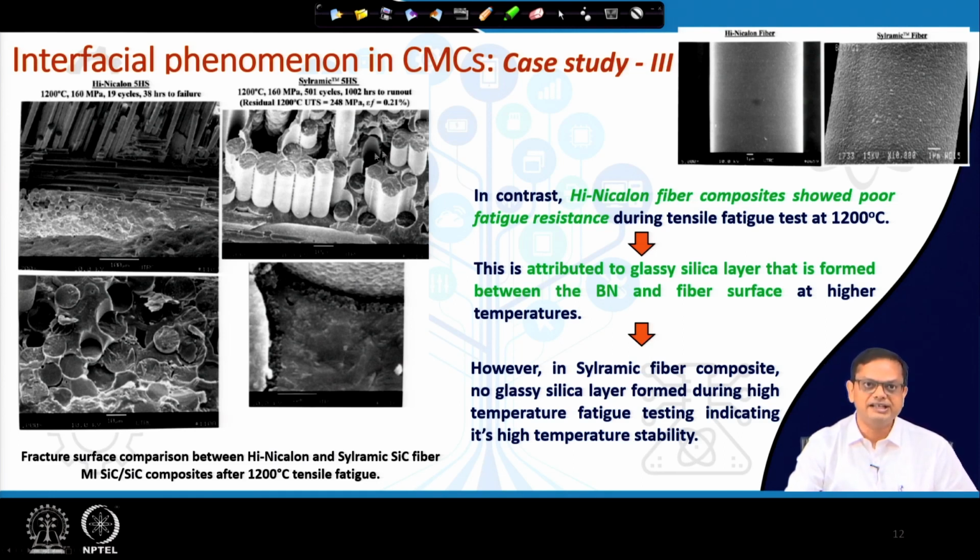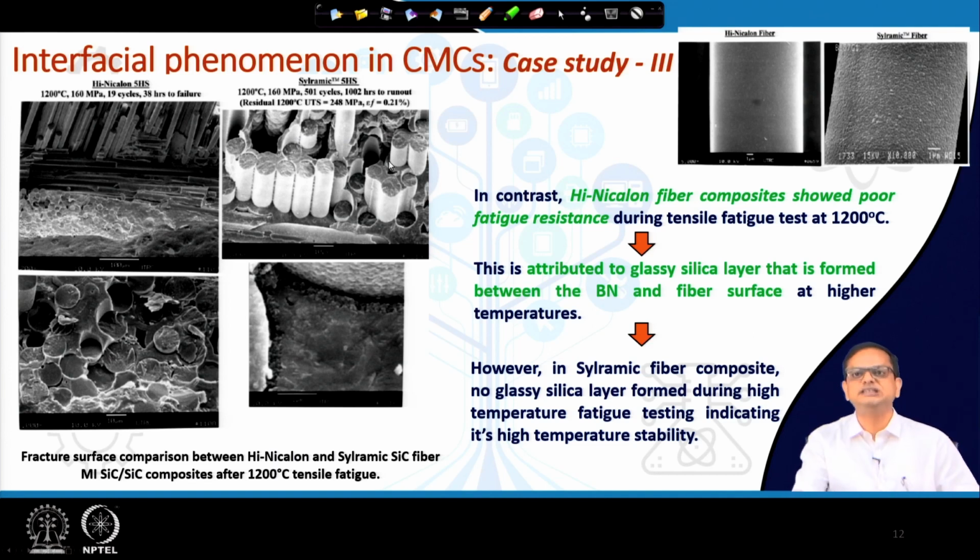Here you can see the fatigue resistance: the number of cycles is 19 here and 501 cycles here. You can see the time also, 38 hours here and 1002 hours here. That means clearly the fatigue resistance is better in the case of ceramic fiber.